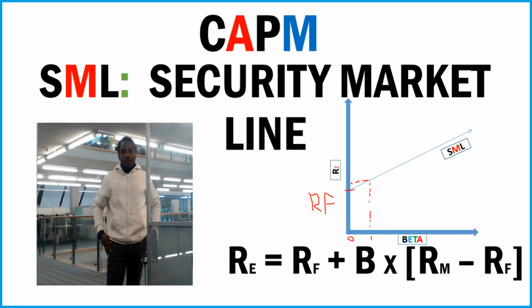Then when we have a beta for any stock that is a bit higher than that of the general market, let's say 1.5, a stock we want to buy having a beta of 1.5, and the return somewhere around here, then we plot them against one another.